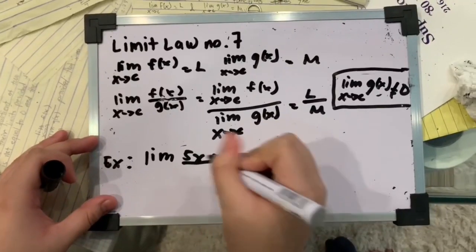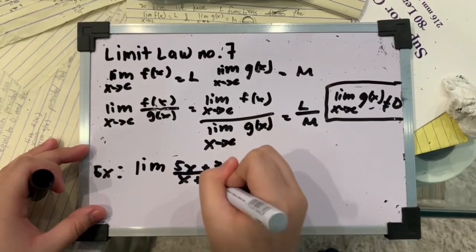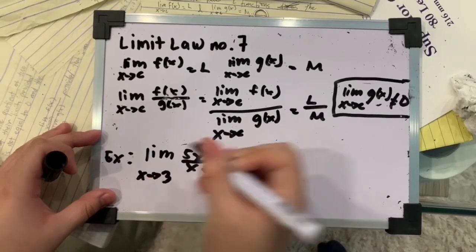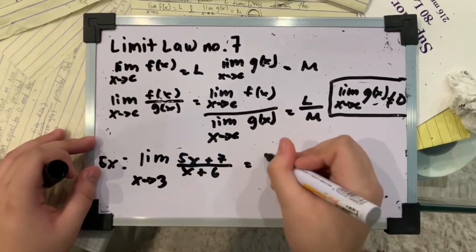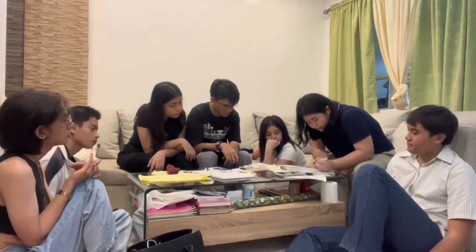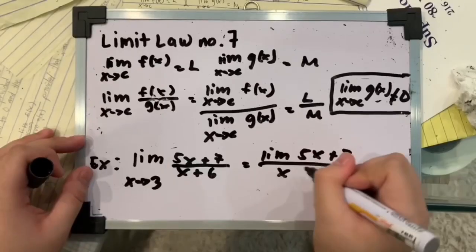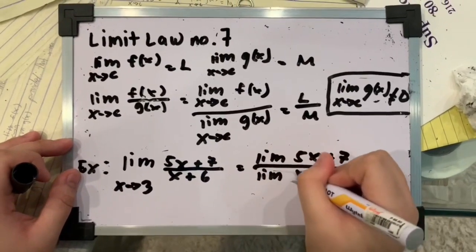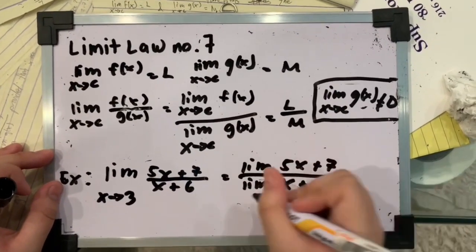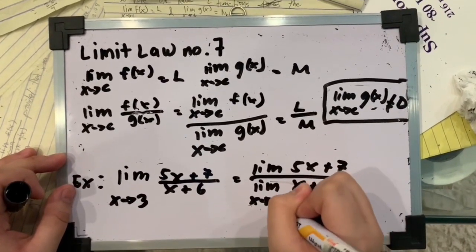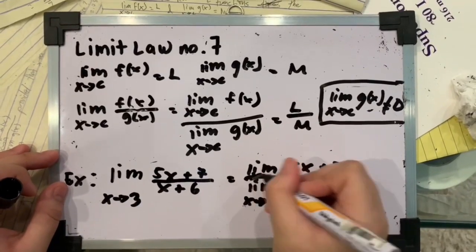So for example, the limit of 5x plus 7 over x plus 6 as x approaches 3. So, limit of 5x plus 7 as x approaches 3 over the limit of x plus 6 as x approaches 3.